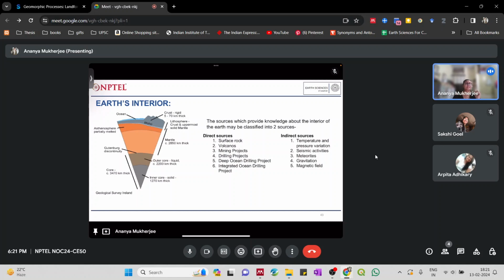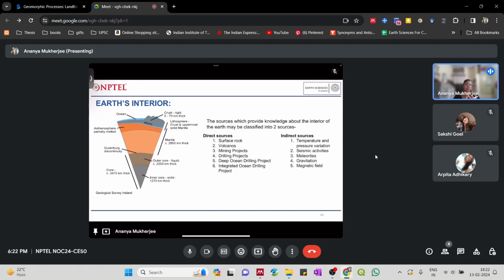For that you need samples of the material present at the crust, then mantle and core. Obviously, getting samples for such layers is only possible up to a certain depth, as per the technologies that are present right now. Some of the direct sources give us direct validation of what we are thinking is the layering structure of the earth's interior.